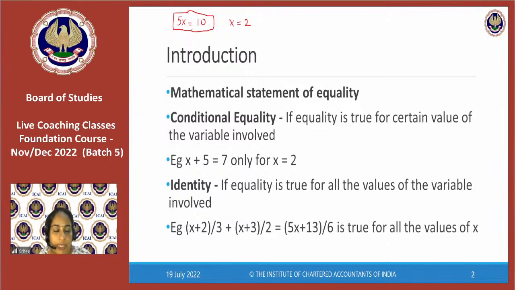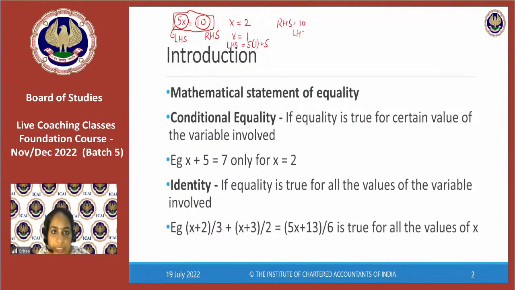If the value of x is any other, supposedly the value of x is 1, then LHS, this side of the equation is known as left hand side, LHS, and this side of the equation is known as RHS. So if I say the value of x is equal to 1, then LHS would be equal to 5 into 1, which is 5, while RHS is equal to 10.